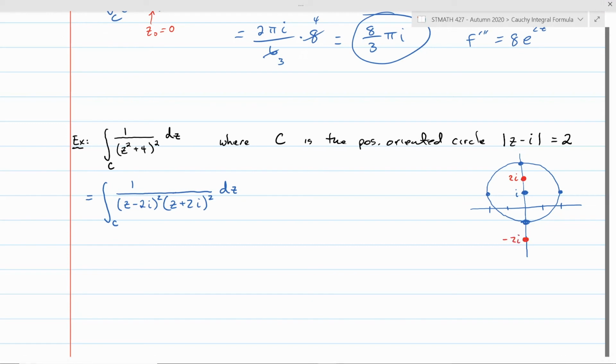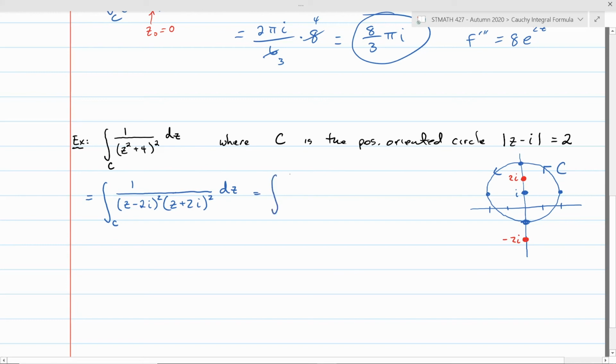So if we want it to match up with Cauchy's integral formula, we want the zero that you're getting in the denominator to appear inside your circle. Now our circle here, I forgot to indicate the orientation on it, but our circle here, C, does contain 2i. So I want the factor z minus 2i squared to be in the denominator because that's the point that's inside. And then the z plus 2i part, I'll need to move up to the numerator. So I'm going to think of this function this way.